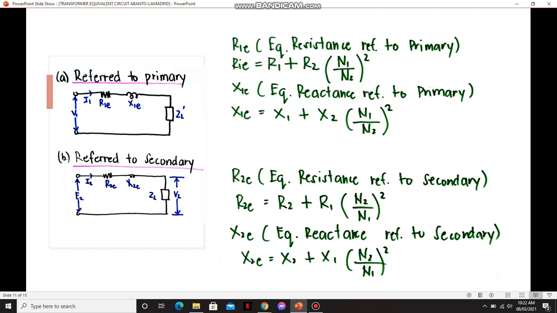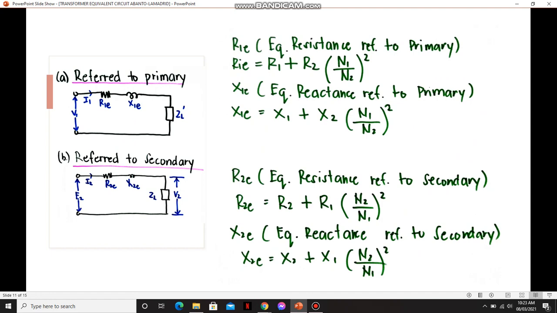When referred to primary, the circuit diagram would have one resistance that is the equivalent resistance referred to primary, R1E, and the equivalent leakage reactance, X1E.